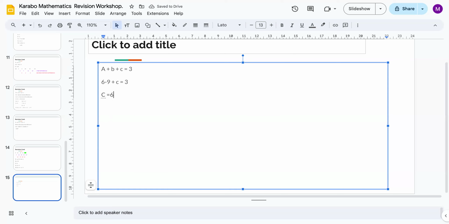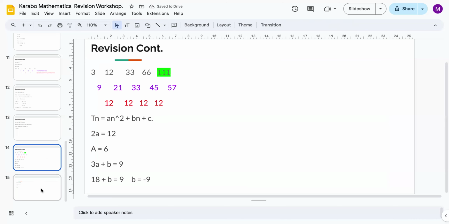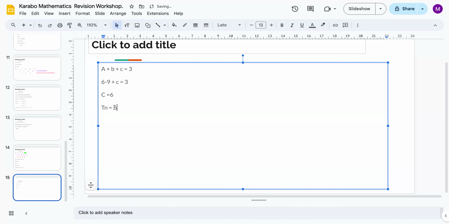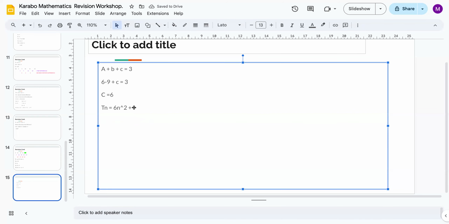So we have all our coefficients. We have a, we have b, and our c. We can then put them together to derive our nth general term. So therefore, Tn given as, so the a was 6, n squared. Our b was minus 9, so we can simply put a minus there, minus 9n.